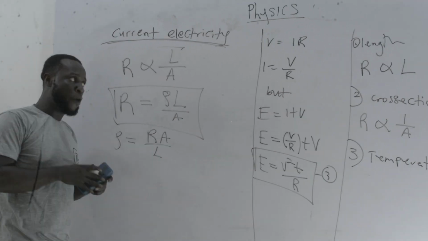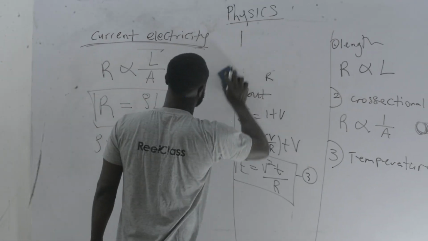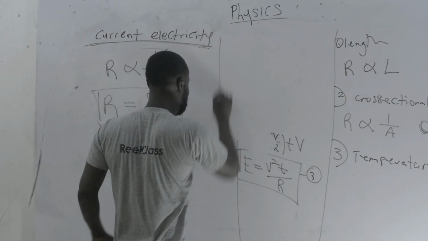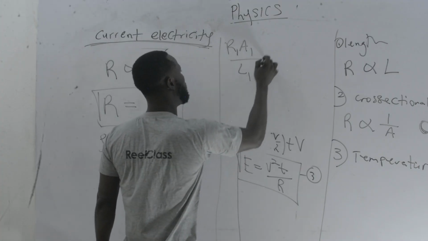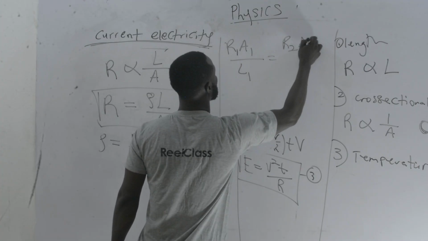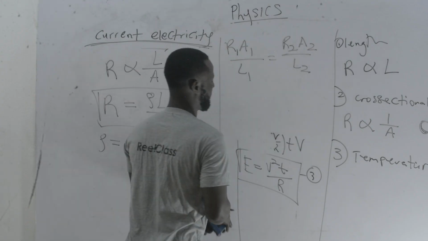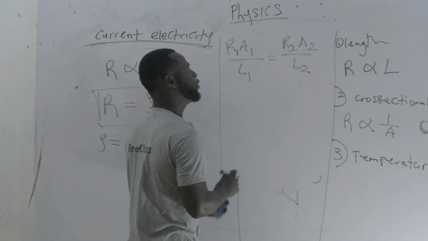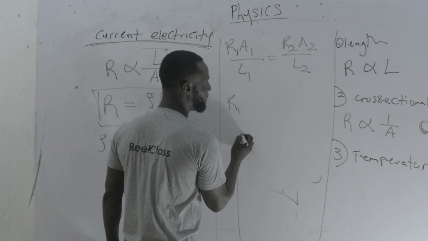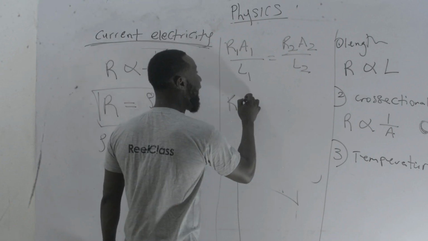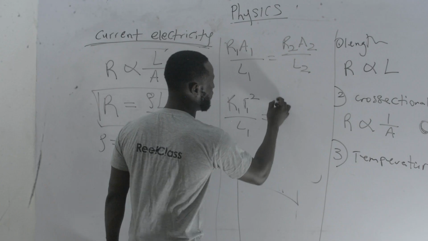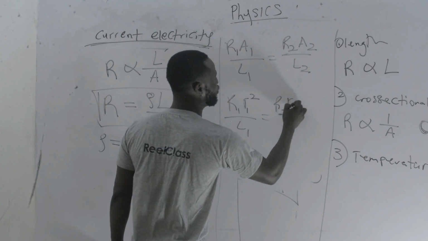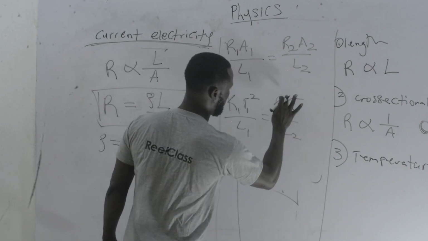And for a particular wire, I can say that R1 A1 over L1 is equal to R2 A2 over L2. I can also say that R1 r1 squared over L1 is equal to R2 r2 squared over L2.